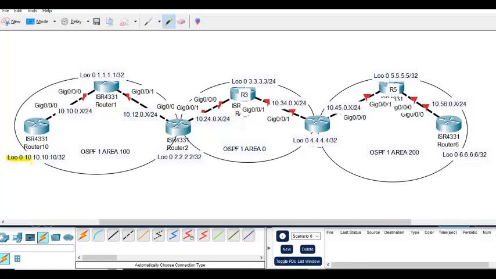The reason why I have given a loopback interface on every router is there is something called router ID in OSPF. What is it used for? It is to identify among the group. See, when we have 3 people in the class, how do we identify ourselves?